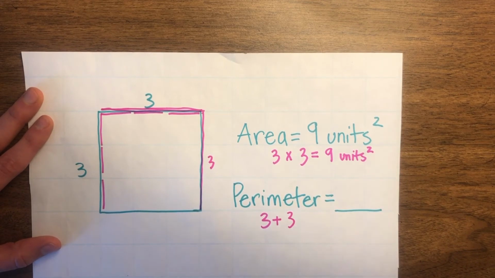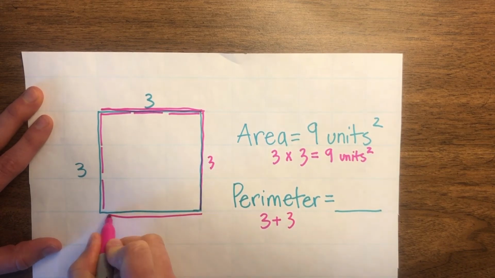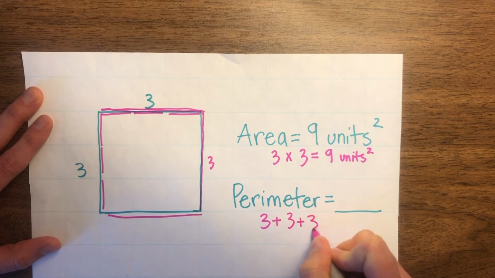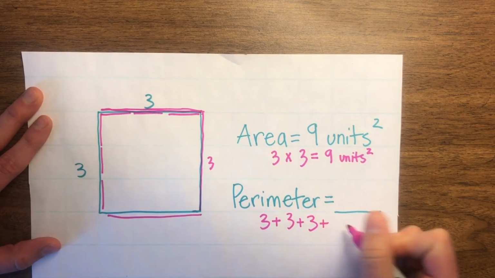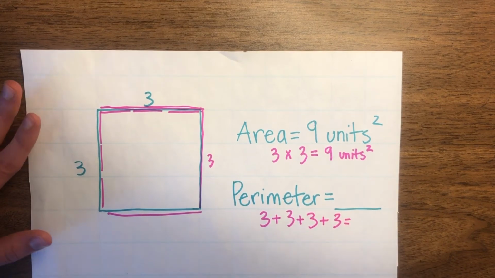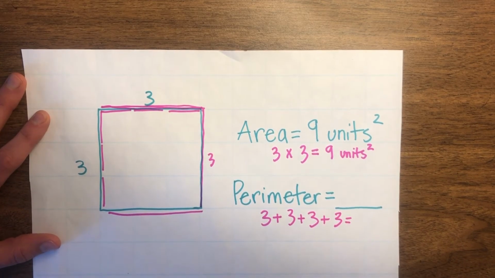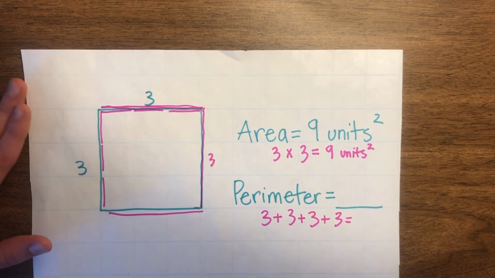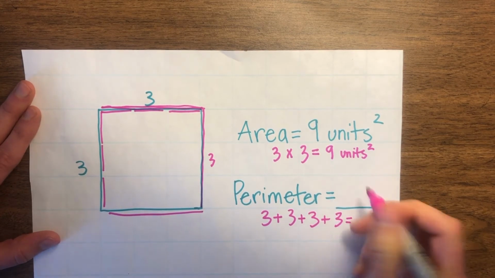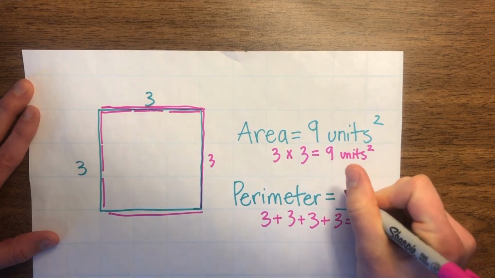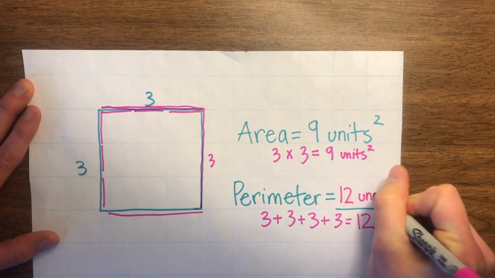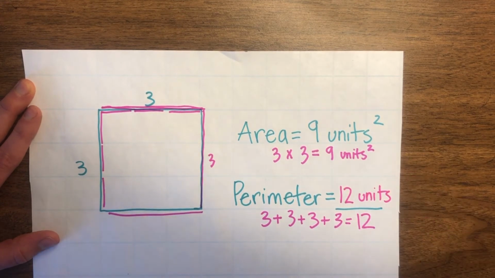And remember to add that 3. We need to add the bottom length. That's still 3. And we need to add the other width. That's 3. Think in your head, what is 3 plus 3 plus 3 plus 3? You should have gotten 12. I'm going to write 12 units as the answer.